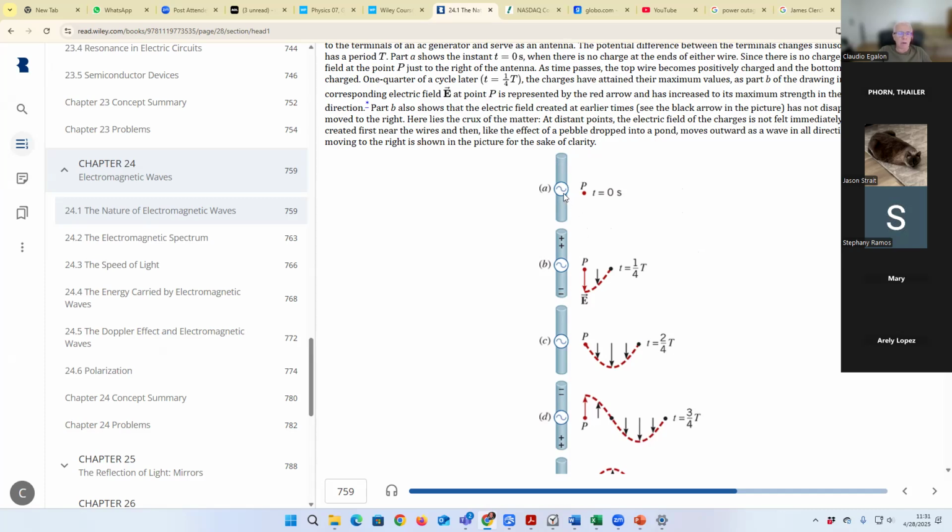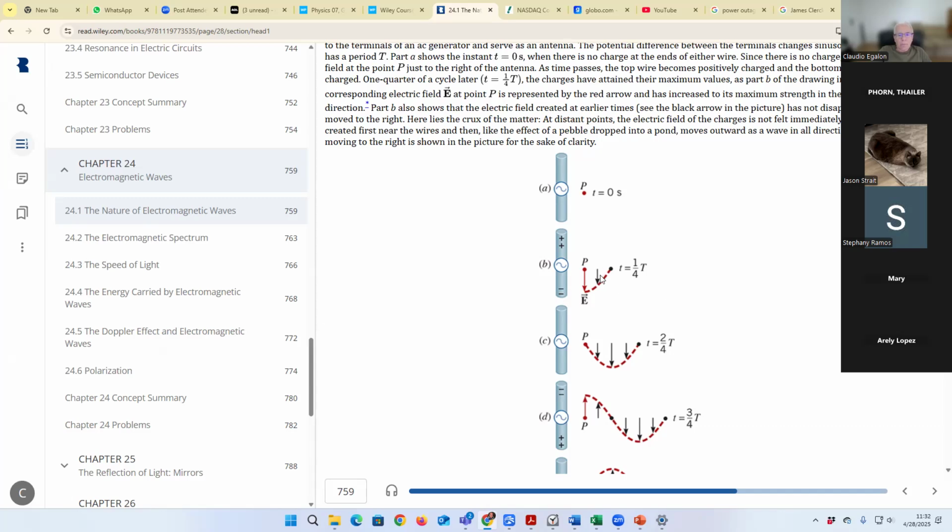At time t equal to 0, the voltage of this generator is equal to 0. A little bit later on, you have charges, positive and negative. We have positive and negative polarities at the antenna, okay?